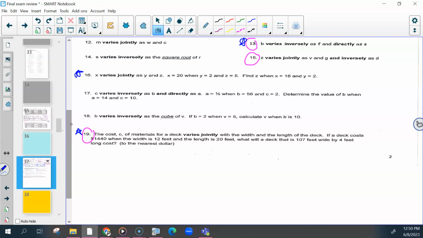So if b varies inversely, whatever comes first is always going to be equal. So b equals, there's always going to be some k value in there. So b equals k. Varies inversely, then we're dividing by whatever comes next. So k is divided by f. And then directly is multiplying. So we can either put s next to it, or we can put s next to the k in the numerator. Either or.